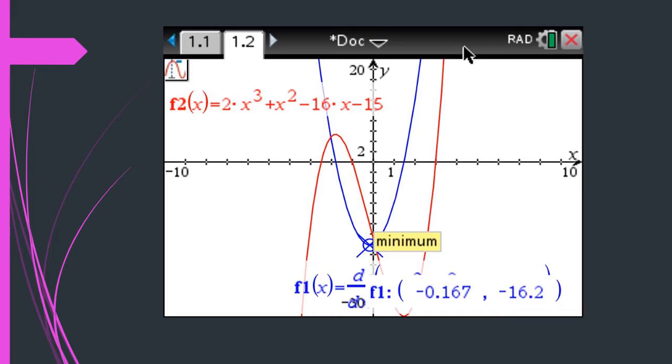And this derivative function looks like a parabola. Where that point of inflection is, where it changes, is at my minimum. So I do graph trace on this new derivative graph and find that minimum. You can see this is it right here, and that is my point of inflection.